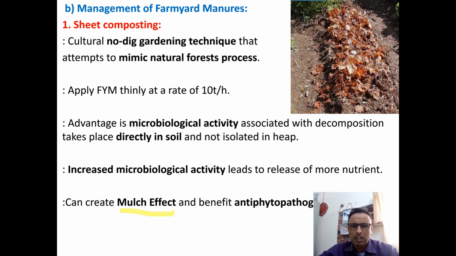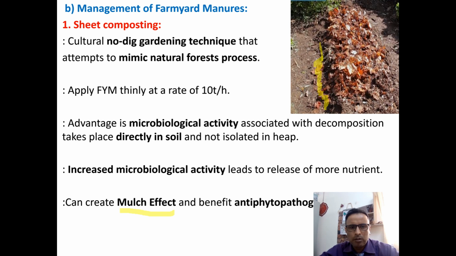That means the farmyard manure, which is kept on the soil surface, interacts with it and makes a very fine layer of manure into the soil, which is called a mulch layer, right? This mulch layer slowly provides nutrients to the soil.